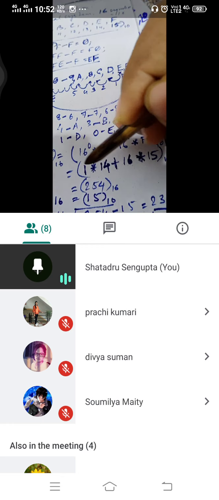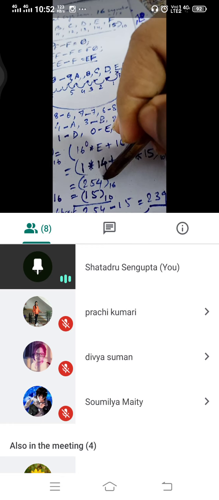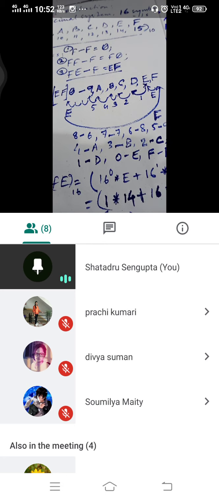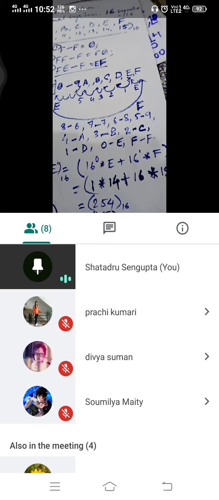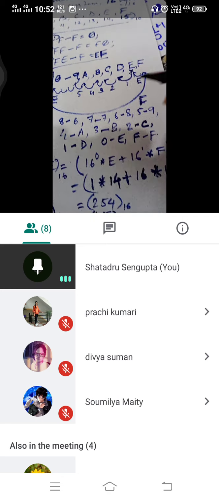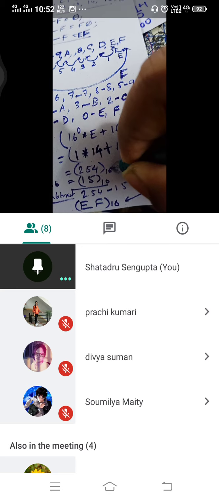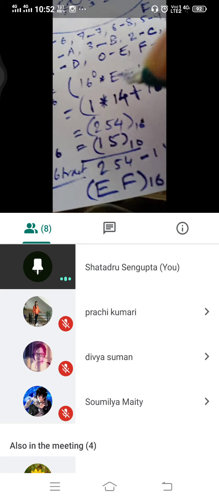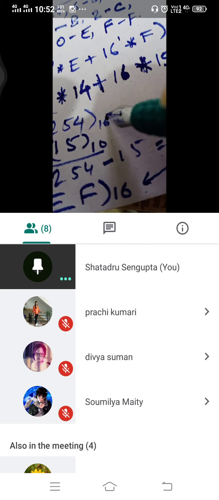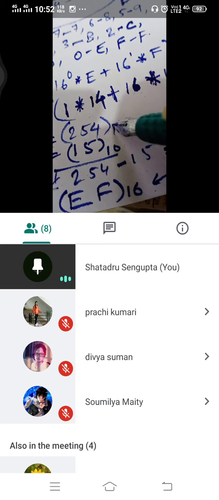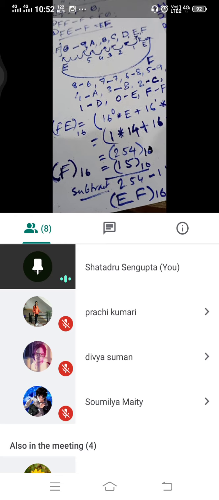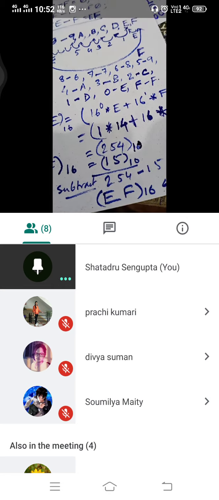Now you can check, that actually gives you 254. Sorry, there's a small typo here. This is actually not 254 in base 16. This is in base 10. I beg your pardon. So this is 254 in base 10.